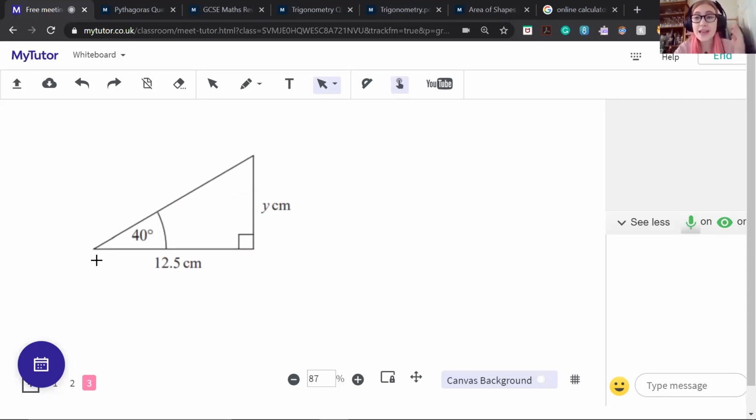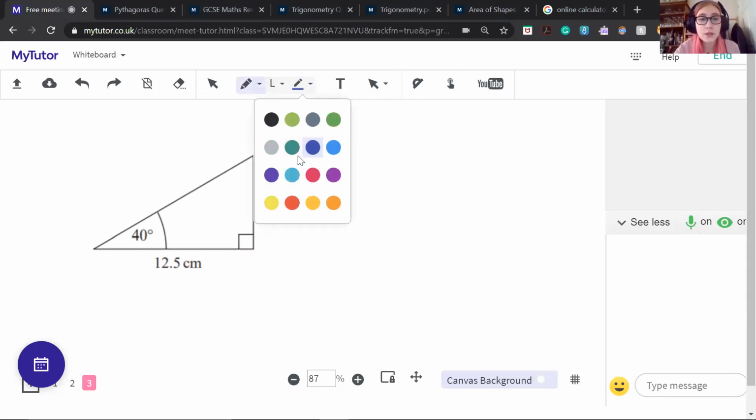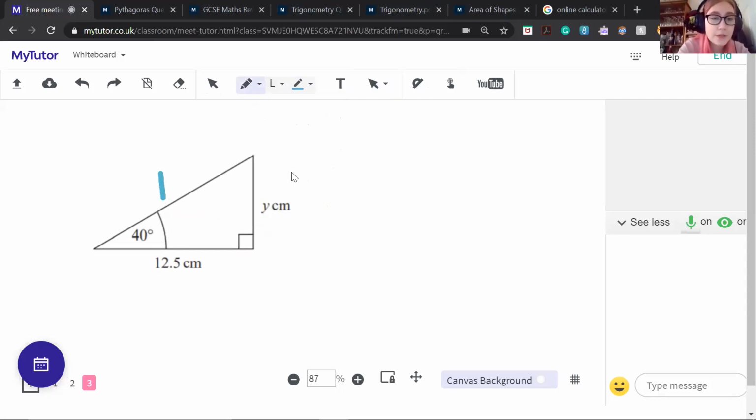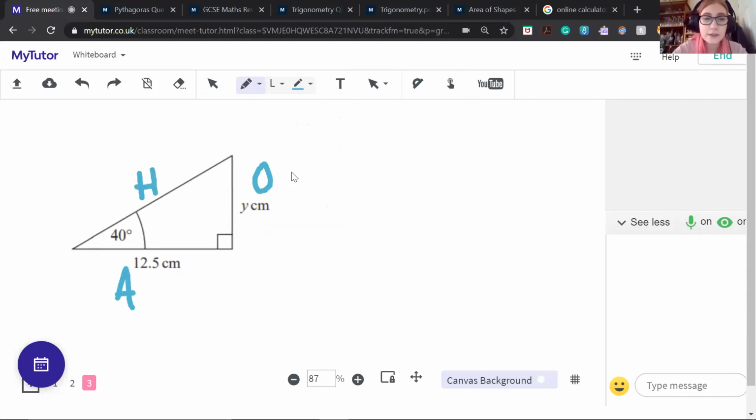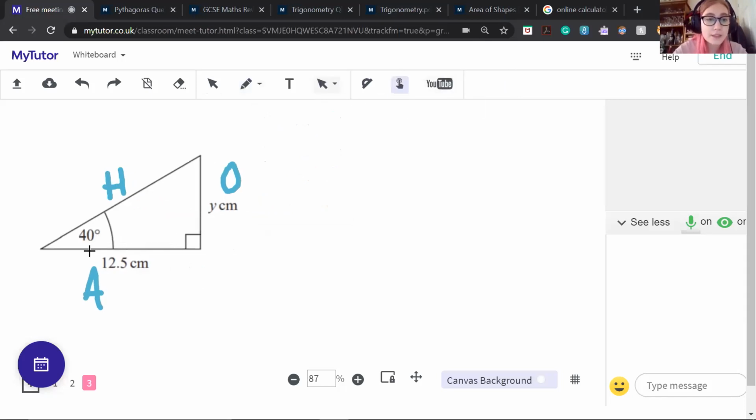So we label our sides straight away before we do anything else. So we label this one is the hypotenuse, this one is the adjacent, and this one is the opposite. Hopefully you can see that because this one's the adjacent because it's the one right next to the angle that we're talking about. And this one is opposite the angle that we're talking about.